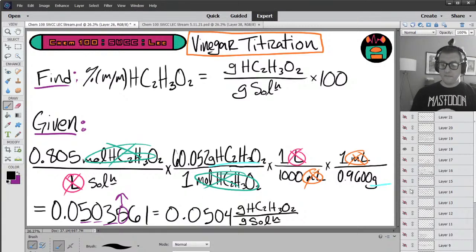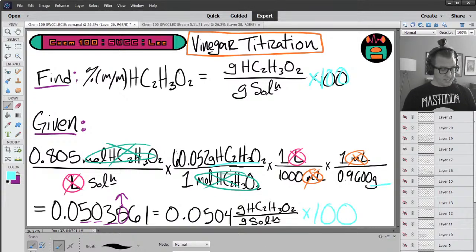But remember, what makes this a percentage is multiplying by 100, and we haven't done that yet. So to get our percent mass, we've got to multiply this number by 100.